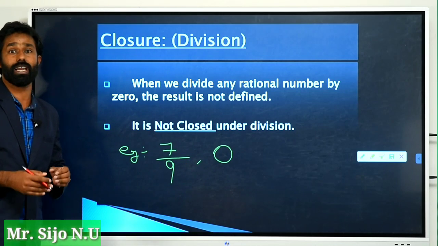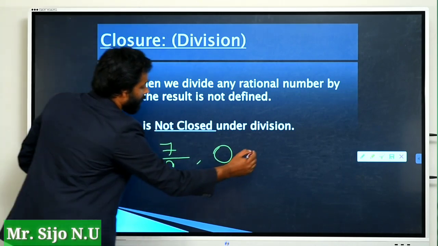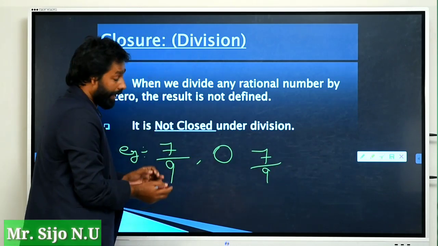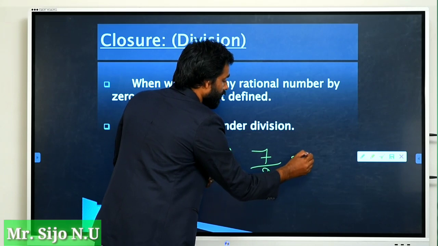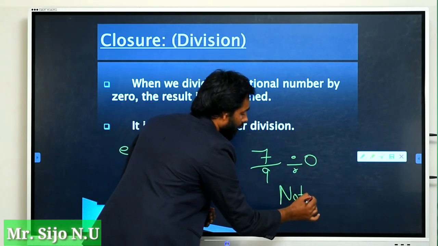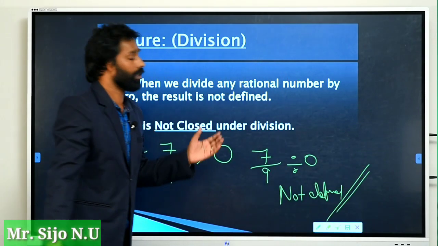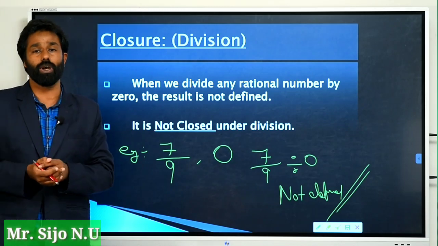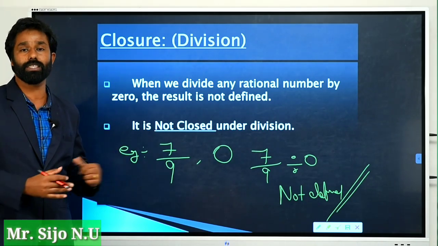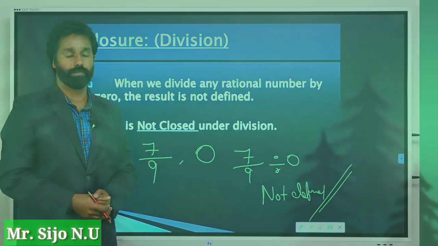What will happen? 7 by 9 divided by 0 is of course not defined. Therefore, in the case of division only, we can say that the closure property is not satisfied, or it is not closed under division.